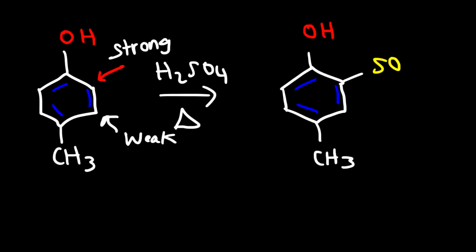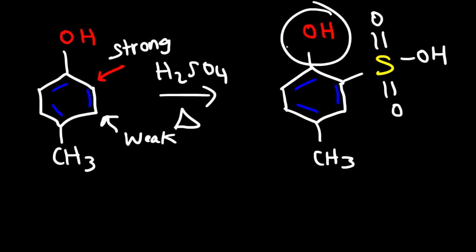Or if you want to draw it out, you can write it this way. The sulfur has two double bonds to an oxygen atom, and it has an OH group. So we have a benzene sulfonic acid group. Without the OH and the CH3 on the ring, this would be called benzene sulfonic acid.